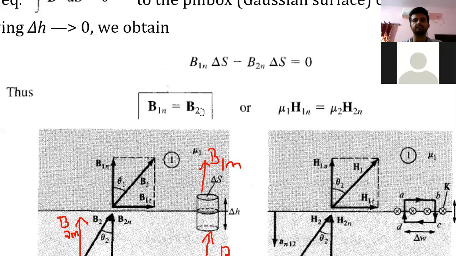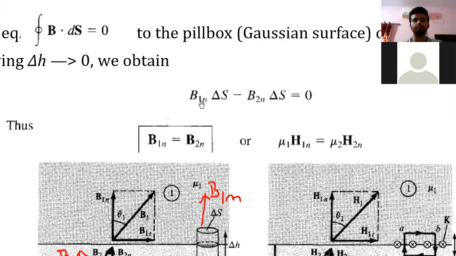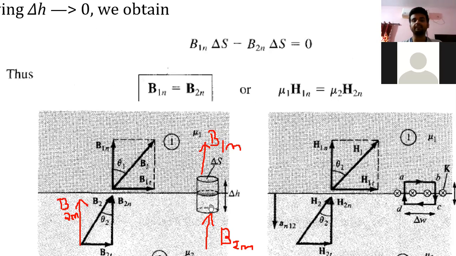So you can write like this: B1n into delta S, for this surface, minus B2n into delta S. Why minus? Because here it is leaving, here it is entering, so minus.